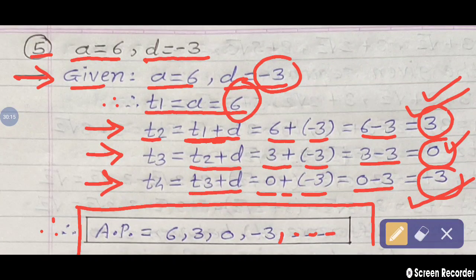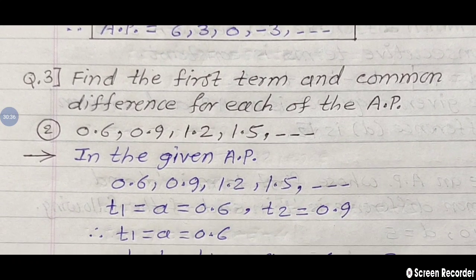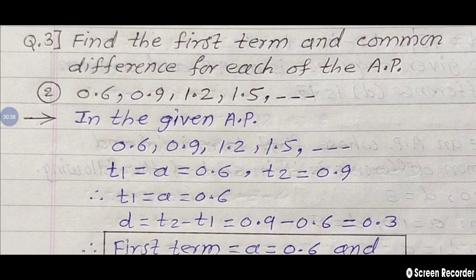In this way, we form an arithmetic progression when the first term and common difference are given in the question. So the remaining questions and options from question number 2 of practice set 3.1, you try to solve, that is for your homework.